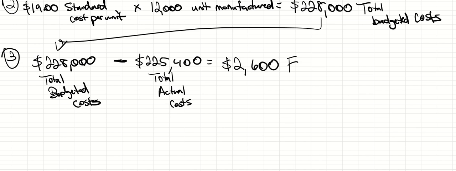What's budgeted in this case was more than what actually happened, which means that the company spent less than what they thought they were going to spend, which is awesome. Okay, so again, for number 3, the answer is 2,600, and this is a favorable variance.